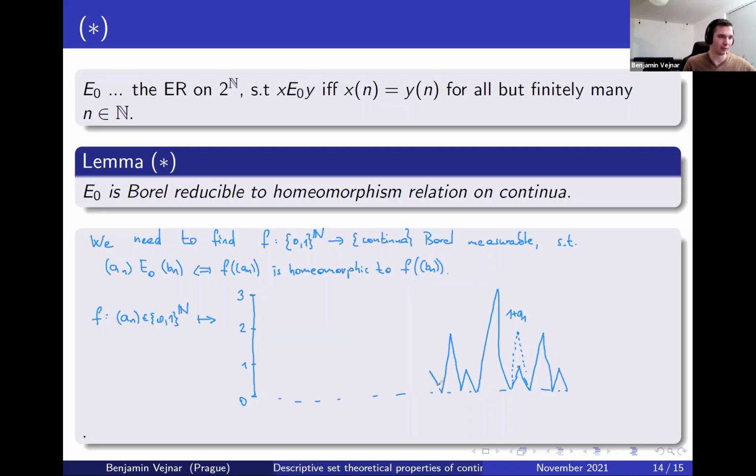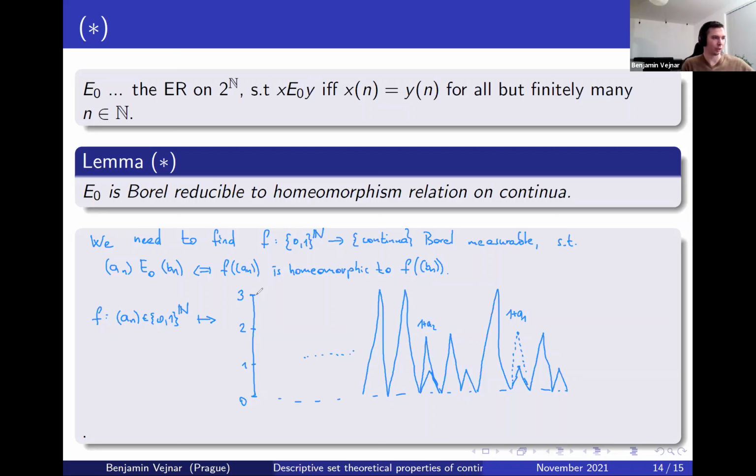And again, we put this hill of height 1 plus a_2, so either this one or that one. And we continue by adding two hills of the full height. Okay, and we continue this process to get such a function.